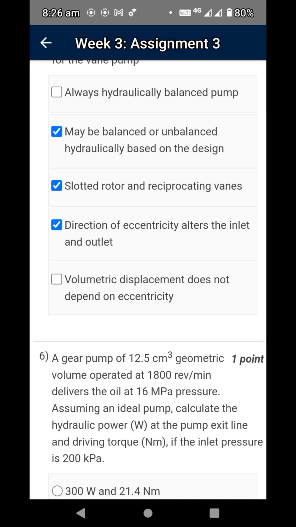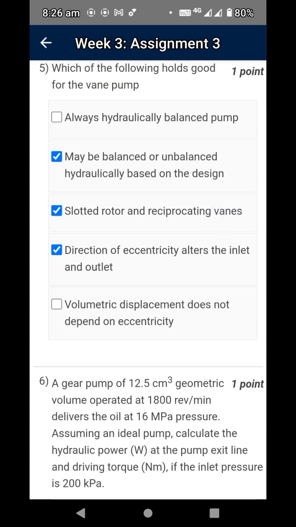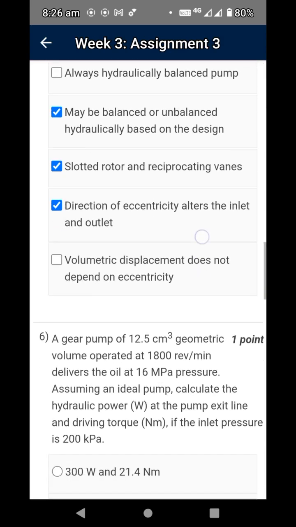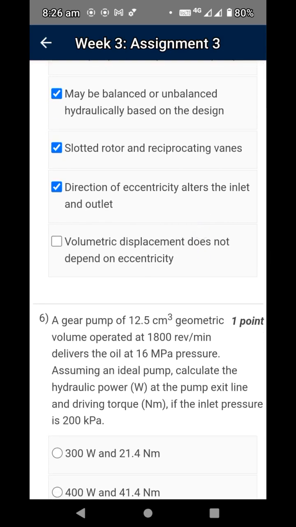And slotted rotor and reciprocating vanes. Once you check the construction of the vane pump, there is a slotted rotor available, and then due to the reciprocating action, the oil is sucked in at the inlet and then it is delivered at the outlet.